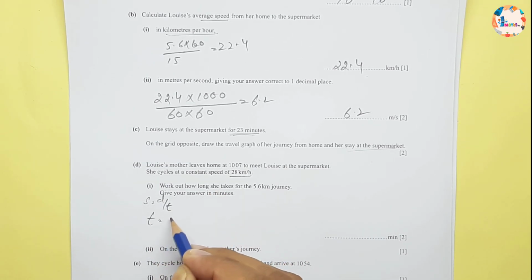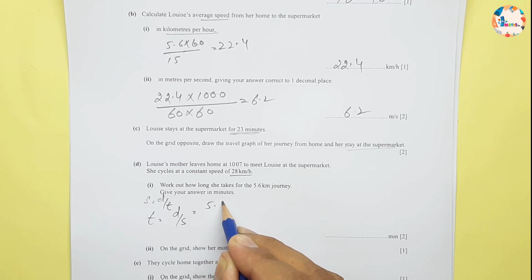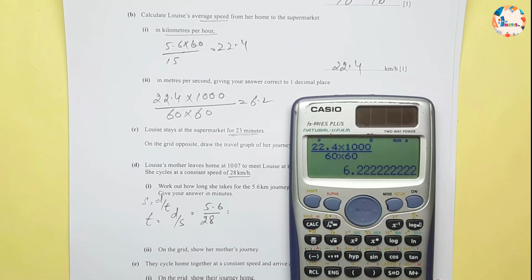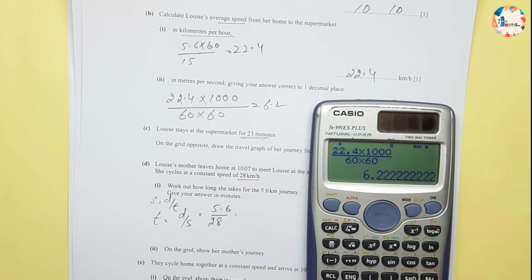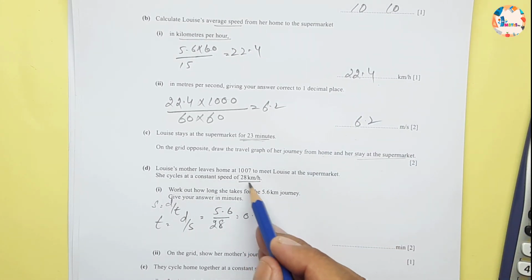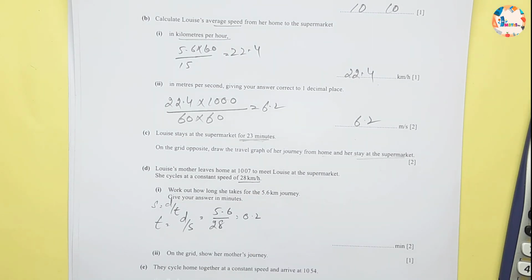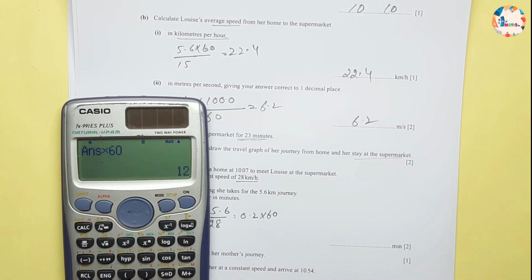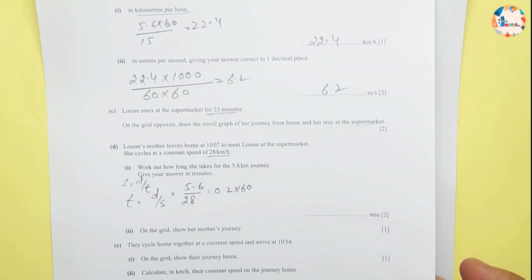So it means time is equal to distance over speed, and this will be equal to 5.6 divided by speed, which is 28. 5.6 divided by 28 will be equal to 0.2, and this 0.2 is in hours, multiply by 60 will be minutes, this will be equal to 12. So answer in minutes will be 12 minutes.